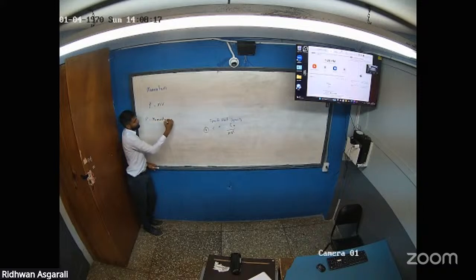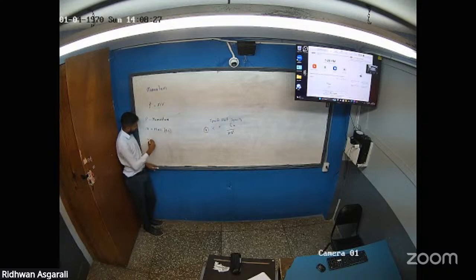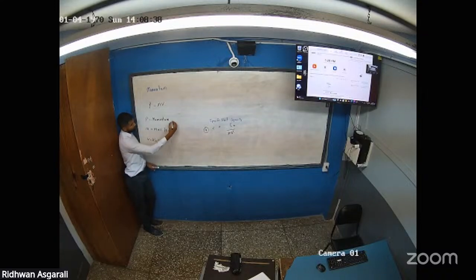M is mass. What's the unit for mass? Kilograms, good. And what's the unit for velocity? That's why I say per second. Once you say per second, that's it. So our unit for momentum is kilograms.